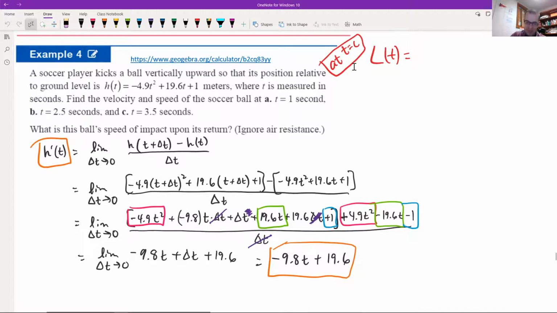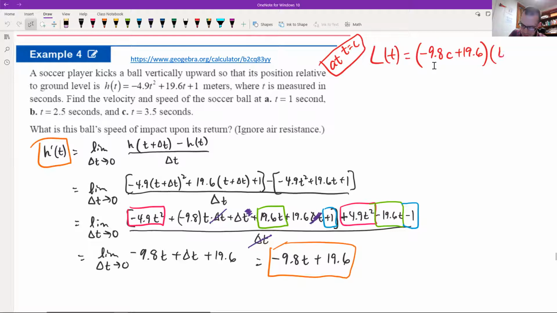So at some t or some c. The derivative part would look like negative 9.8 times our c value plus 19.6. And that will give us our slope.